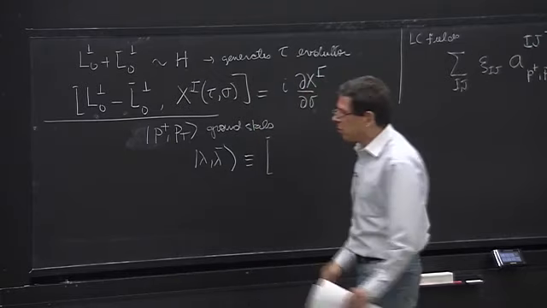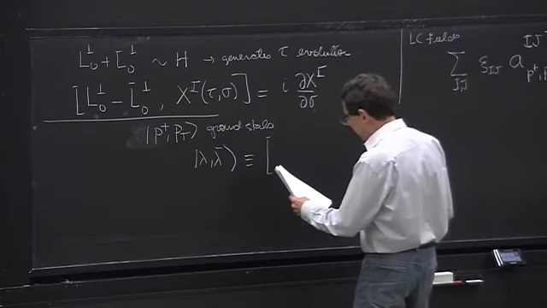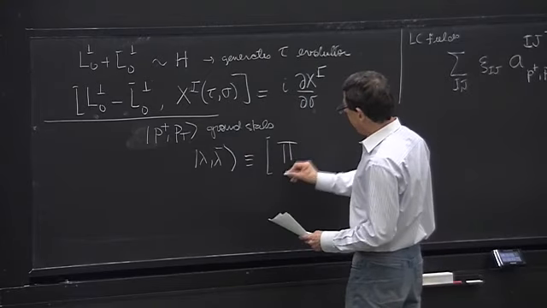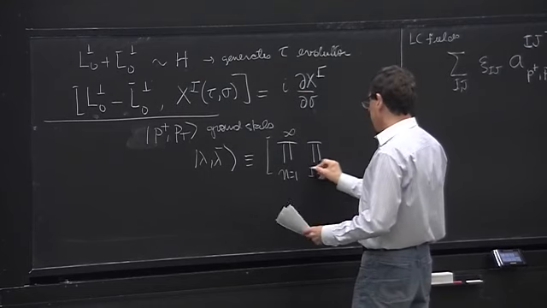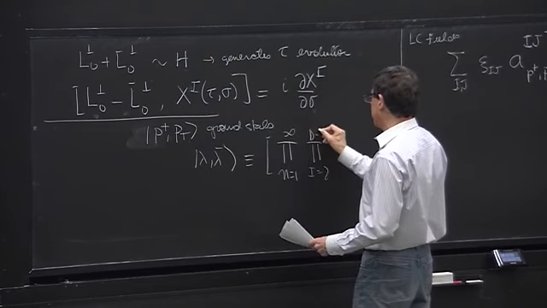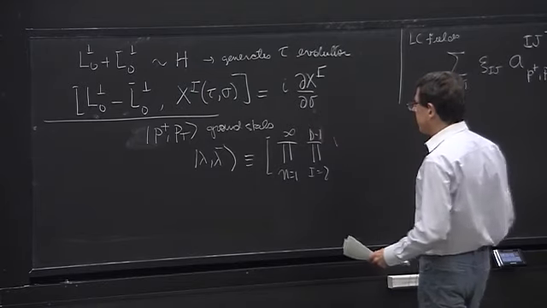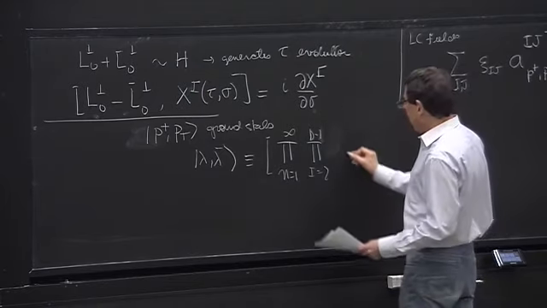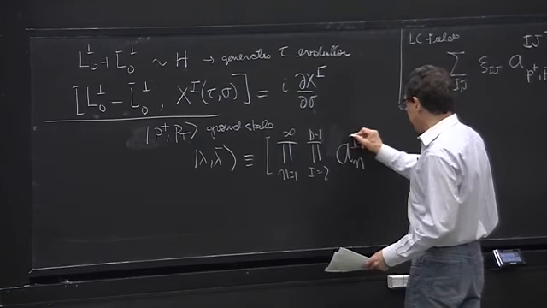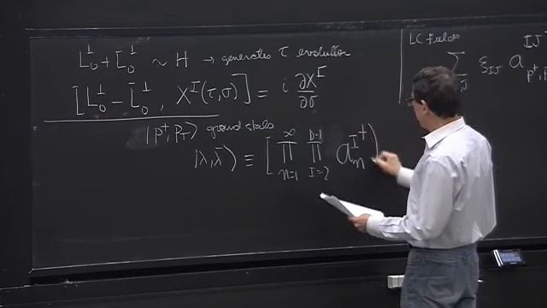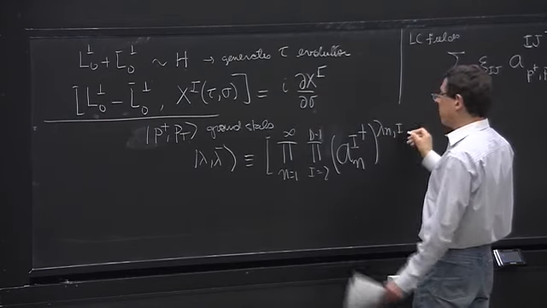So we have to put all types of alpha n oscillators. So we'll put A n's from n equal 1 to infinity, from I equal 2 to D minus 1, space-time dimension minus 1, and you put A n I daggers to the lambda n I.